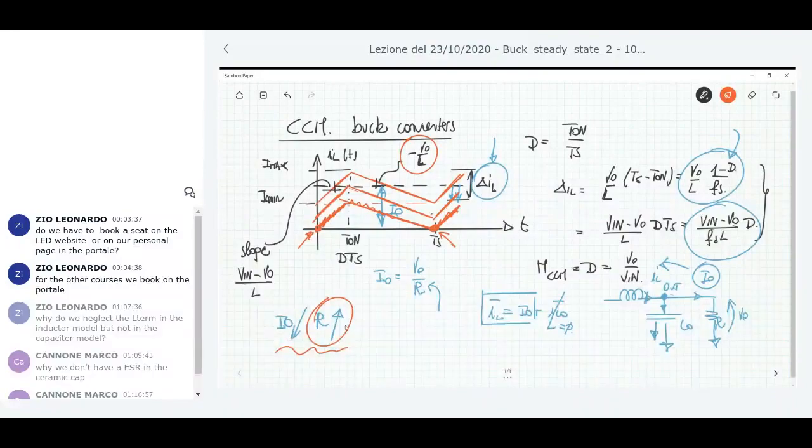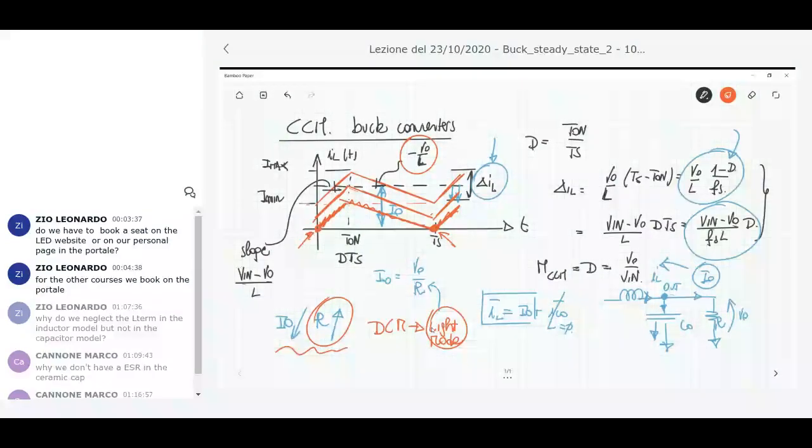Typically, since discontinuous induction mode is met when you have large resistance and very low level of current, this condition is also known as light mode. Light mode means that you have very low current.